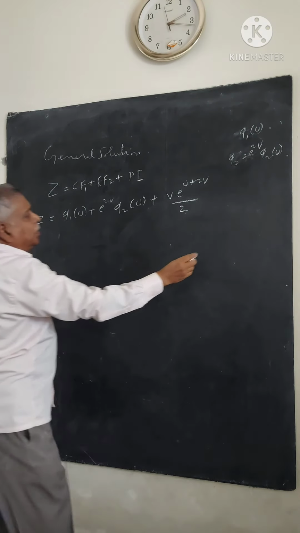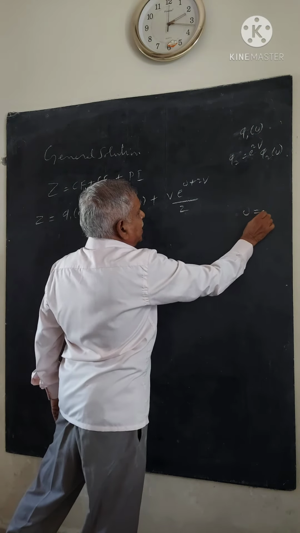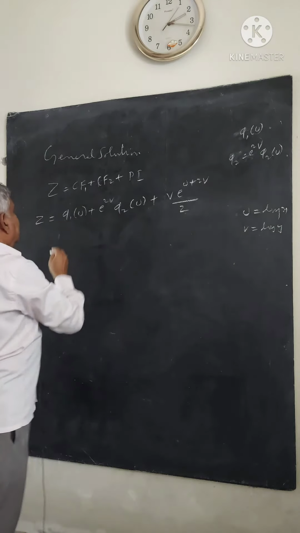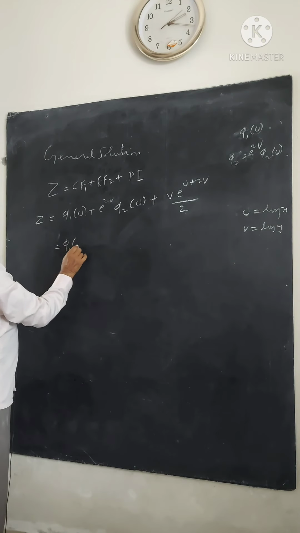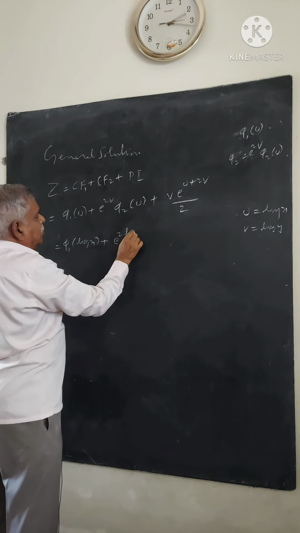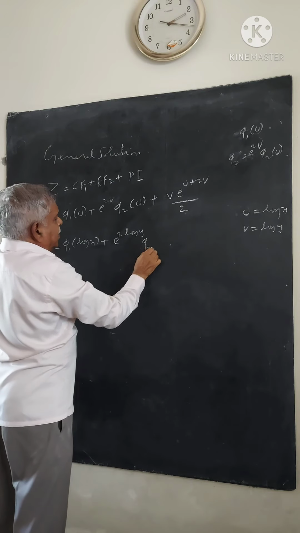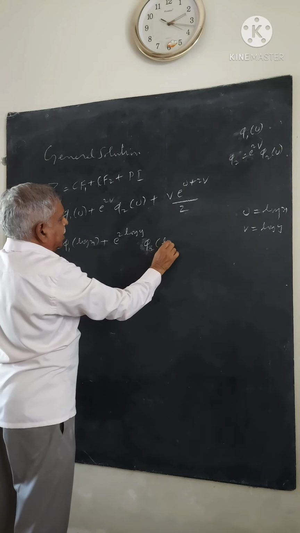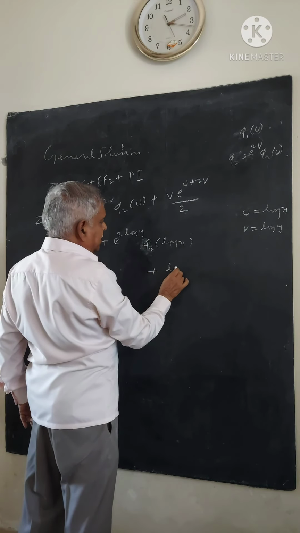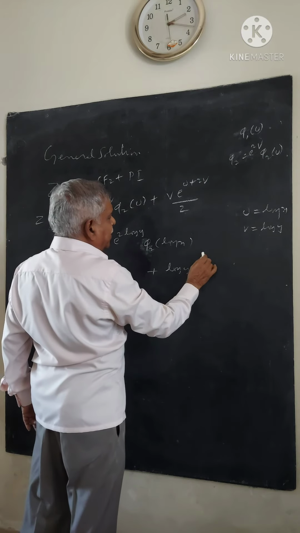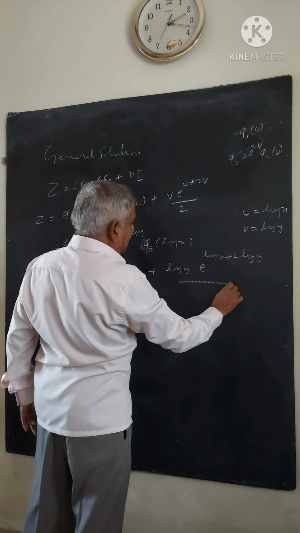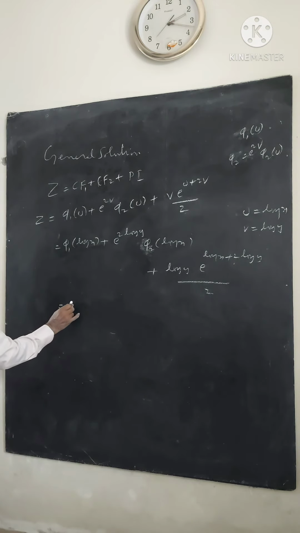Coming to the reverse order, u equal to log x, v equal to log y: phi 1 of log x plus e power 2 log y phi 2 of log x plus log y e power log x plus 2 log y by 2.